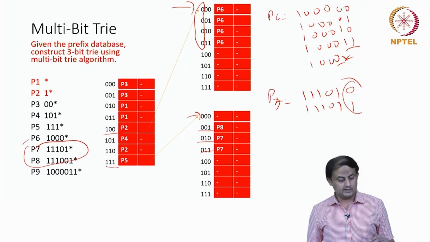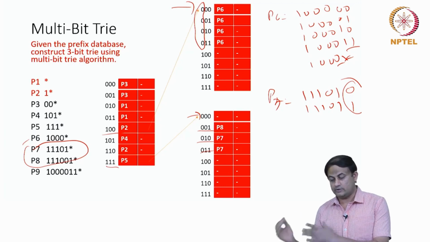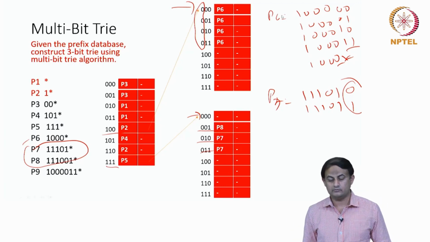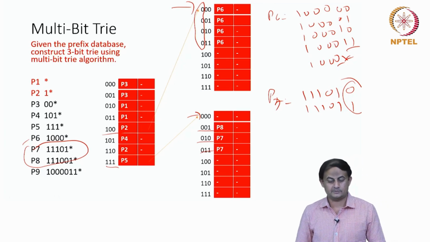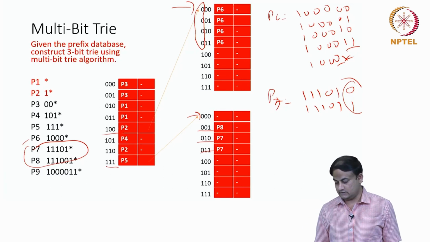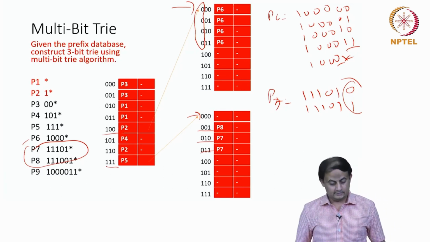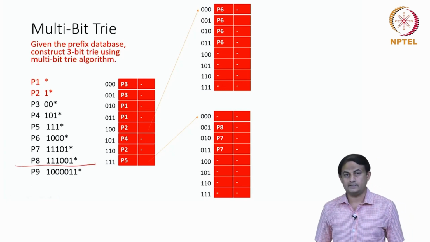So anything starting with 111 followed by 001 or 010 or 011 will be routed with the port number that the prefix P7 is telling you. So that's how the second level structure is constructed, and we are done with the case up to P8.